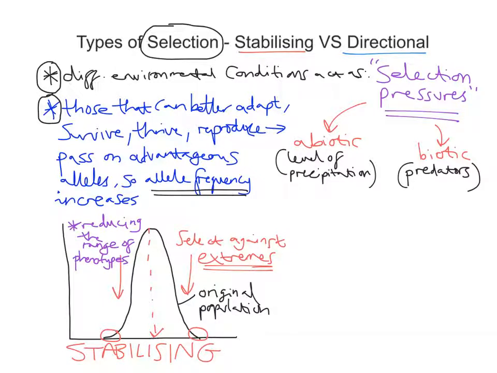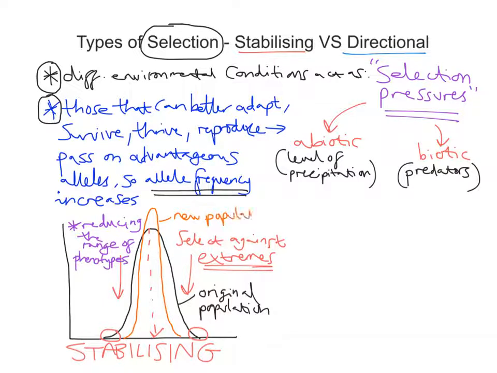But let's talk now about what happens when we, and in fact, just to finish off this particular graph, what we'll do is draw in, and I'll draw this in a different colour just to make it stand out. So this is now our new population.